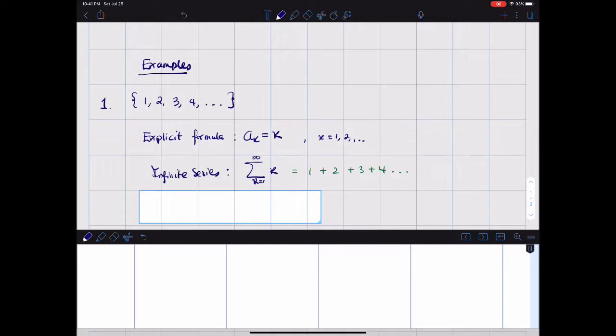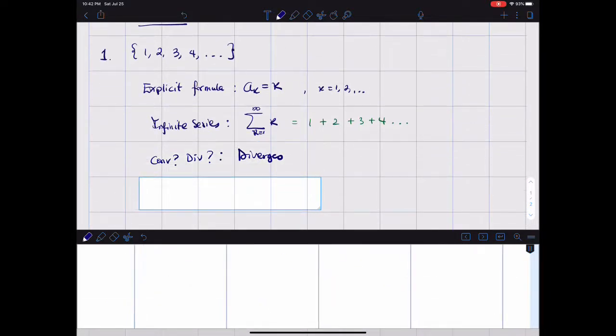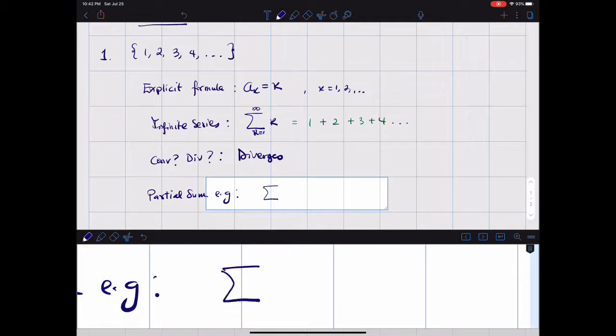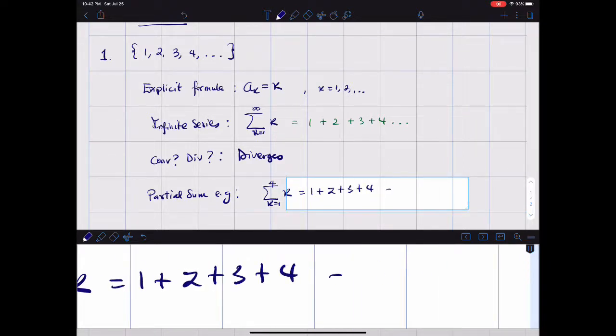Now, does it converge? Does it diverge? This easily diverges, right? Because it just sums to infinity. It doesn't add up to a number. We'll get to an example where it converges. Let's give an example of a partial sum. How about if we sum k from 1 to 4? This is just 1 plus 2 plus 3 plus 4, and this is 10.